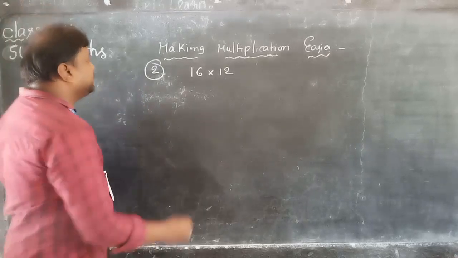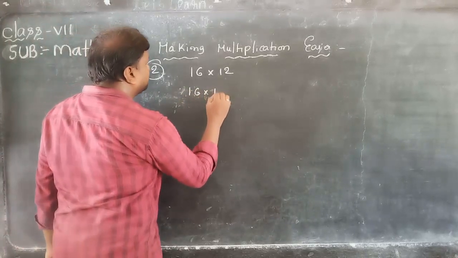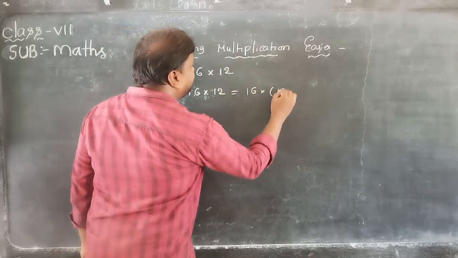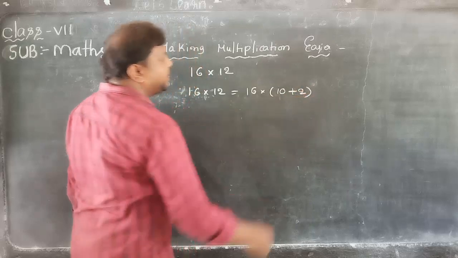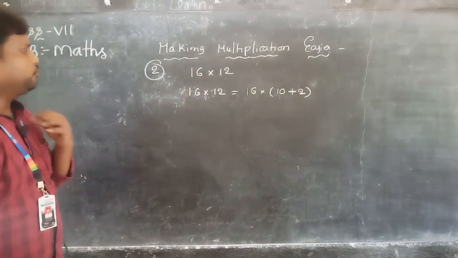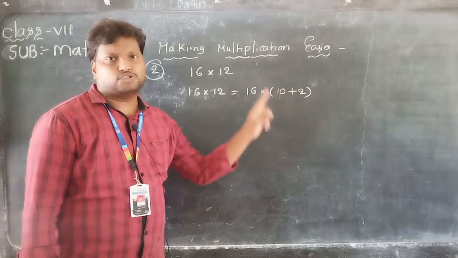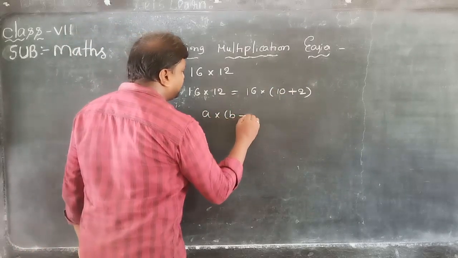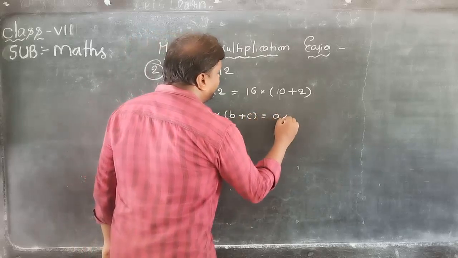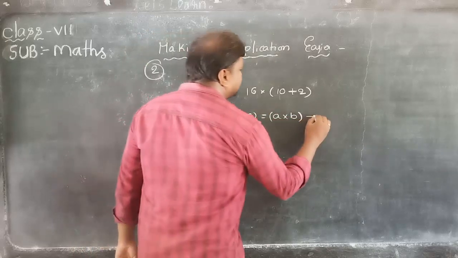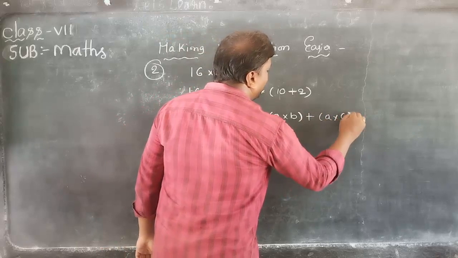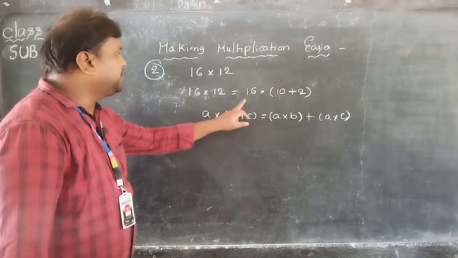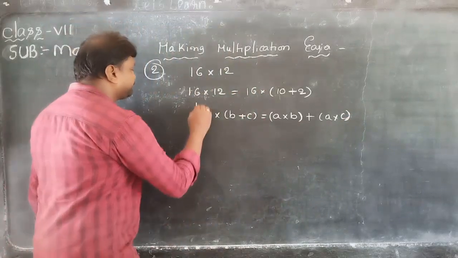Now I will write 16 into 12 as 16 into 10 plus 2. We know already what that is: A into B plus C is equal to A into B plus A into C. Which property is this? Distributive property of multiplication over addition.